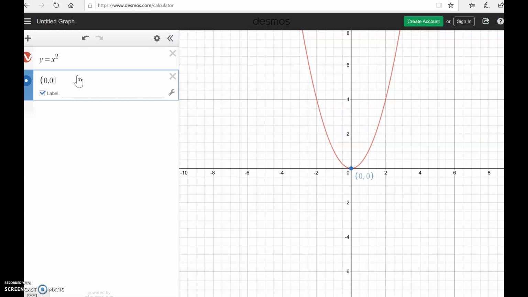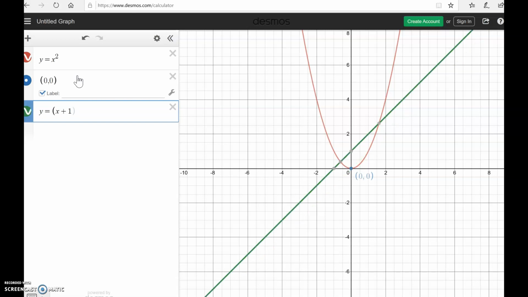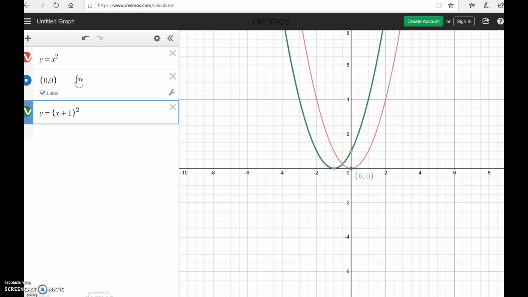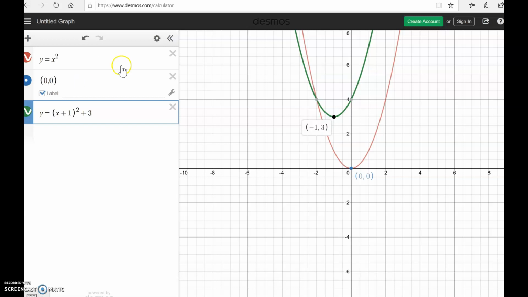And then if you were to modify the reference point by modifying the function, so for example, if instead you have x plus 1 technically squared, and then I'm going to add 3. The new reference point has been moved to the position of negative 1 comma 3.